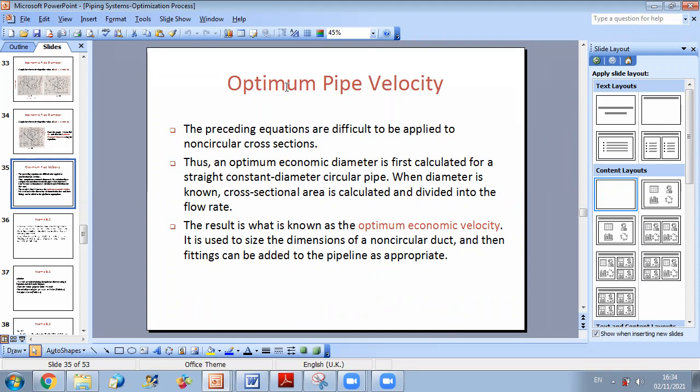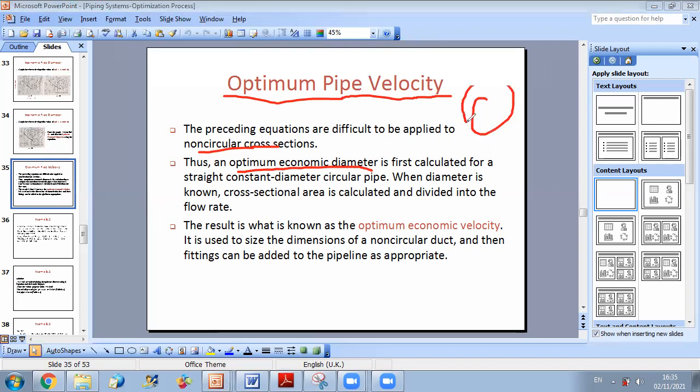So here they are telling you what to do if you want to design a system that does not have a circular cross section. Instead of talking about optimum economic diameter, because in this case the cross section will not be circular, we'll talk about an optimum economic velocity.